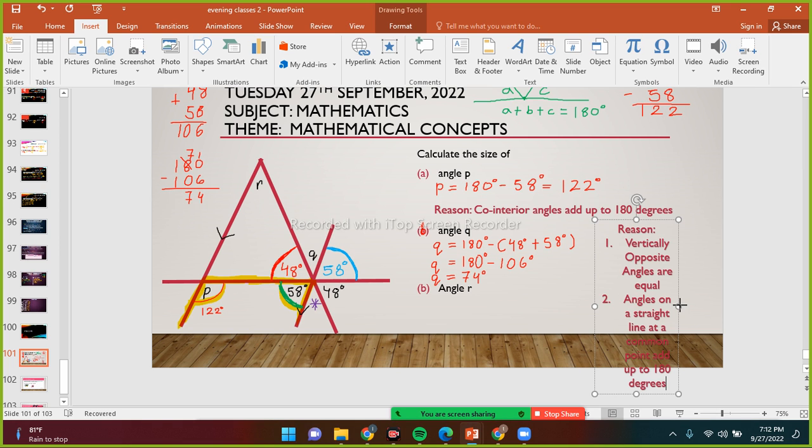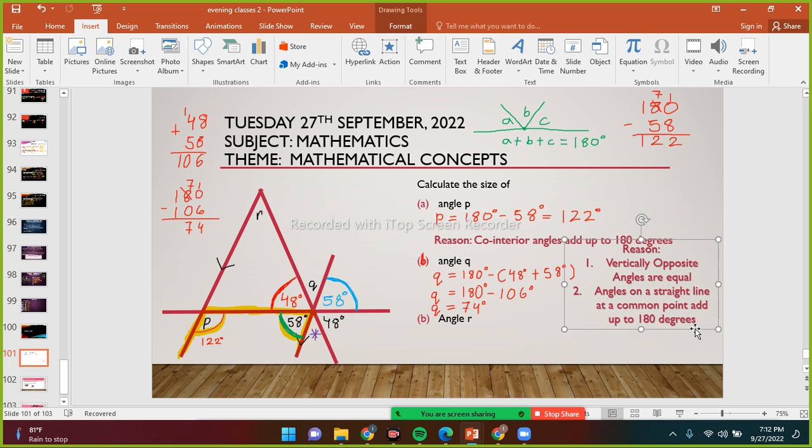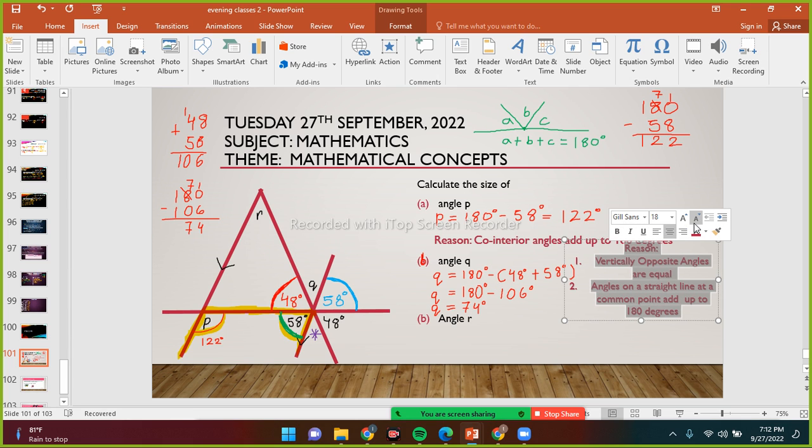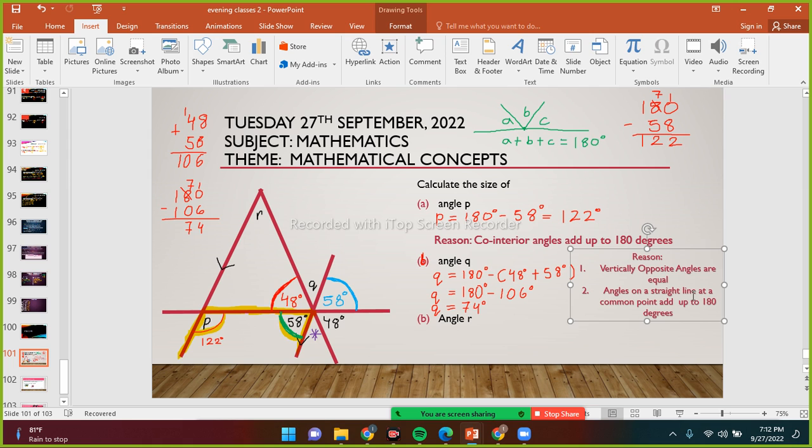So those are the two reasons. Number one, vertically opposite angles are equal. And number two, angles on a straight line at a common point add up to 180 degrees. Those are the two reasons for Q.